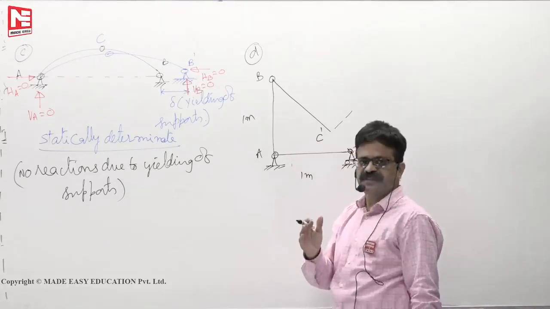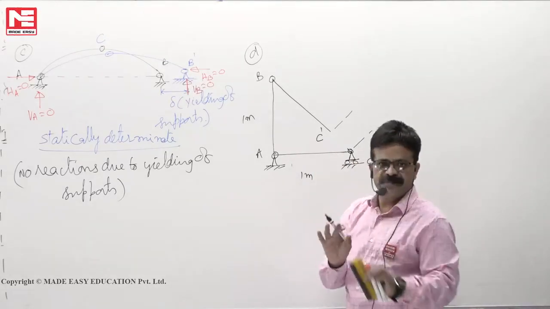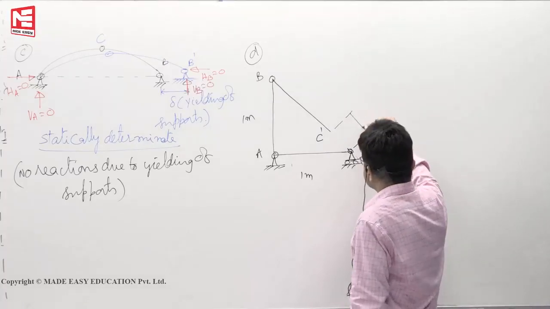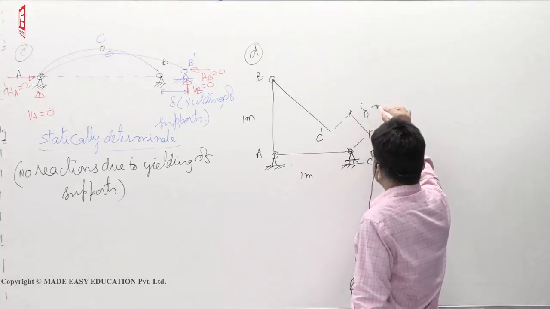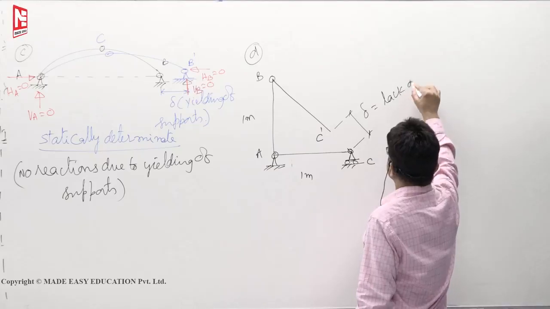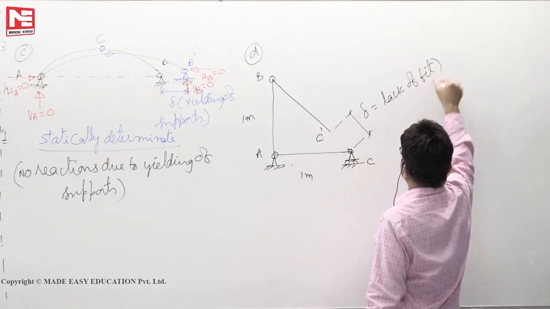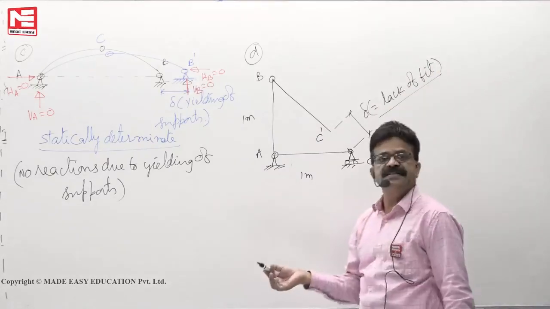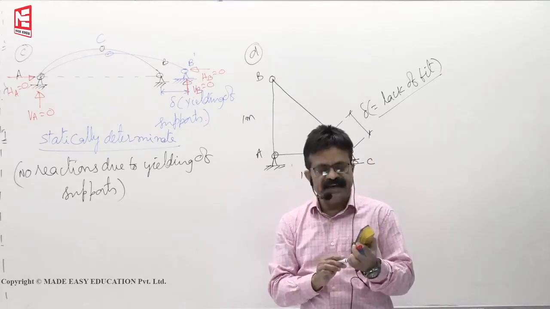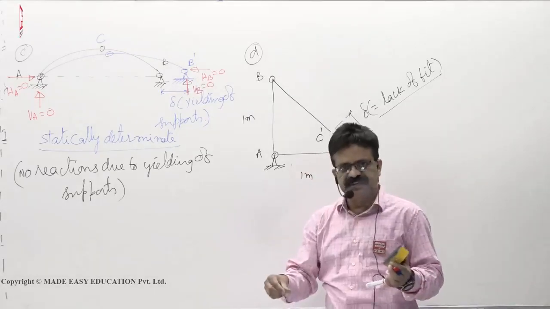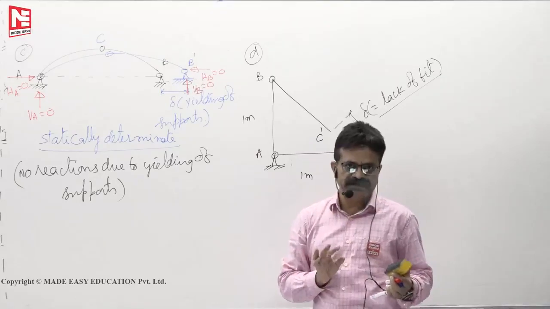That means he didn't measure it, or in the process of cutting he slipped. This much error is there. This is called lack of fit. What is the meaning of lack of fit? Fitness is lacking. Exact fitting is not there, it is missing by 14 mm.